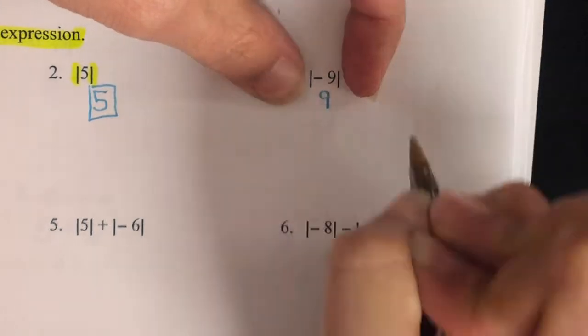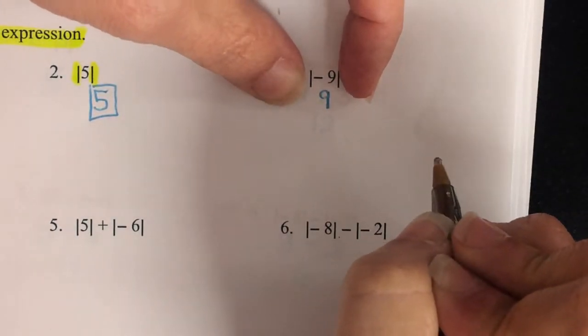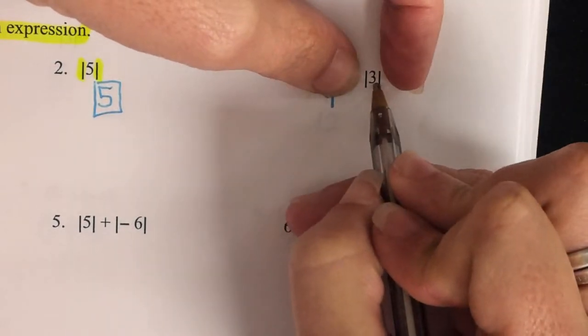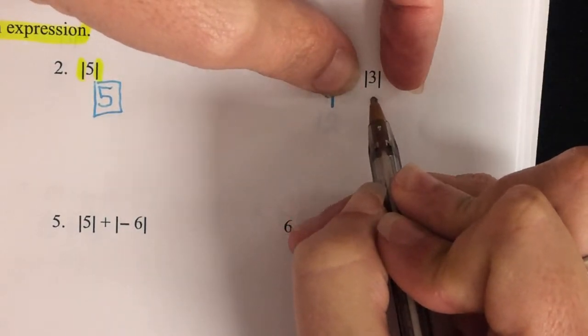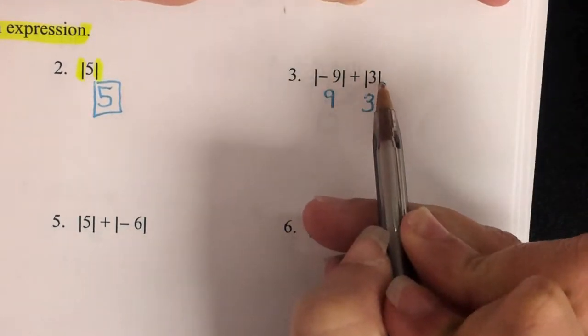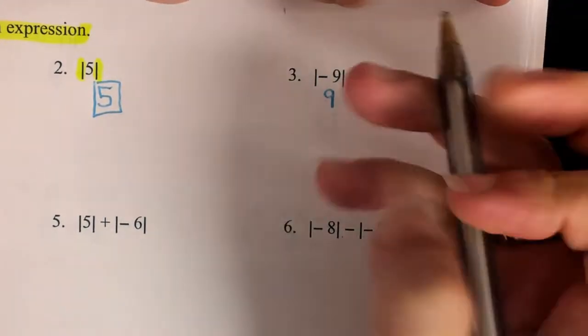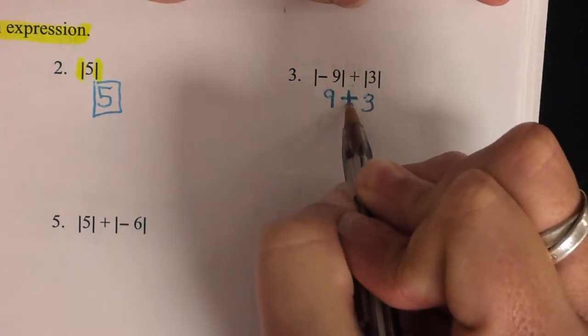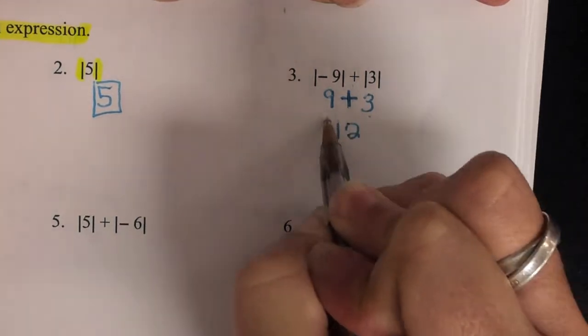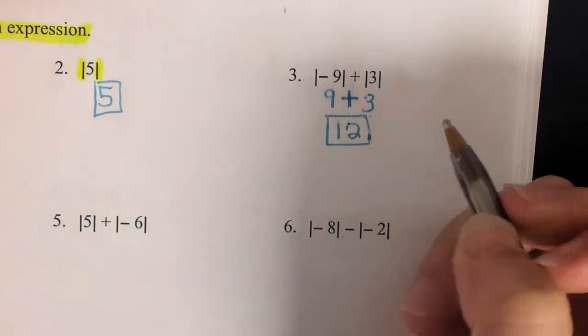So I write that right there. Then, I'm going to go to the other part of the bracket. There's an absolute value of 3. 3. Now, I'm looking between them. In between them, there's an add symbol. So what is 9 plus 3? 12. You are done with that one.